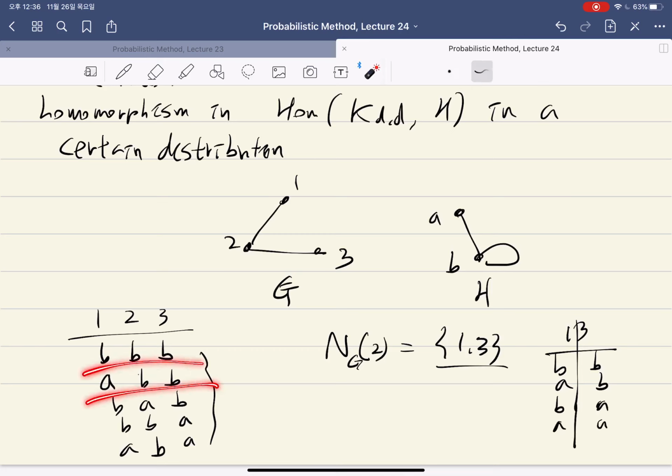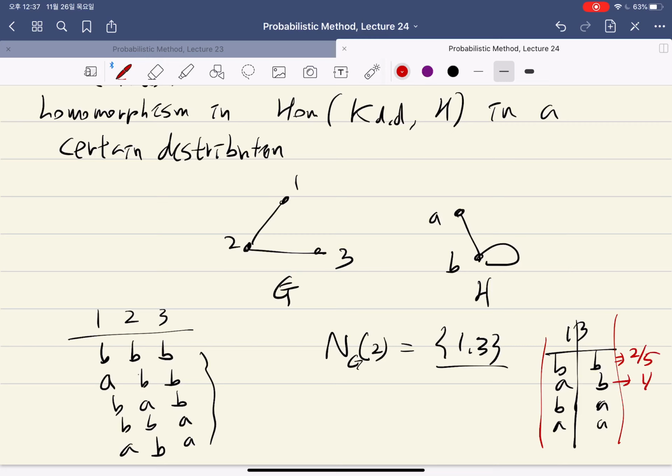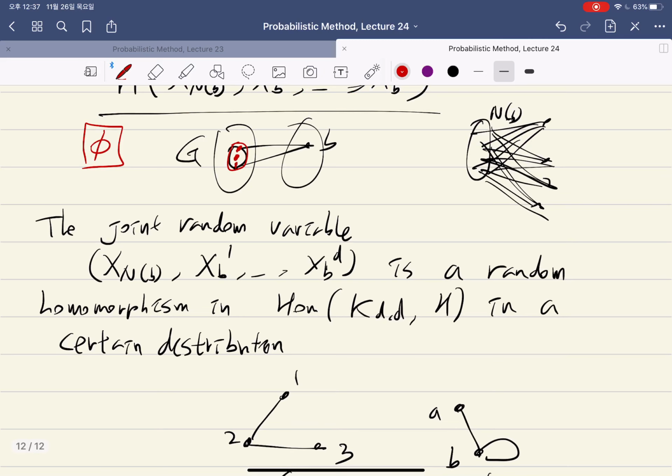Out of the 5 choices, BB happens with probability 2 over 5, and each of the others happens with probability 1 over 5.